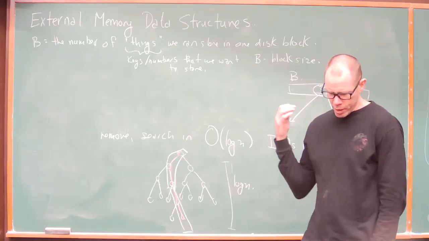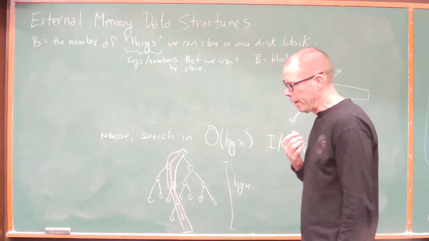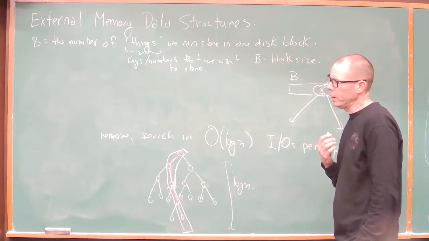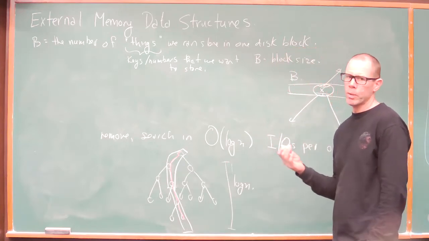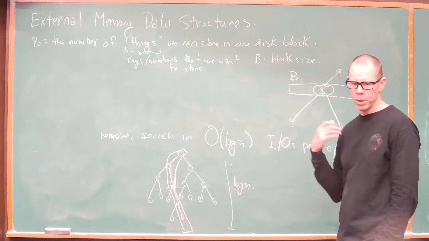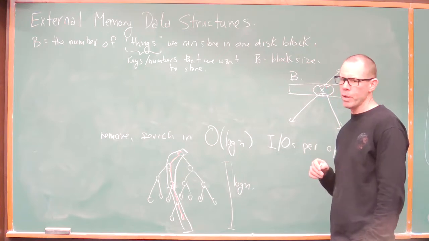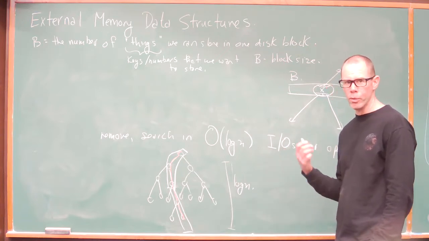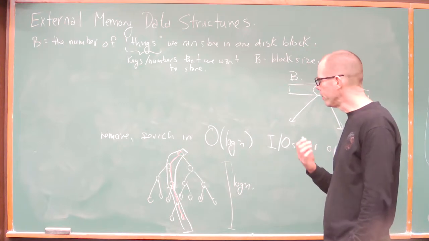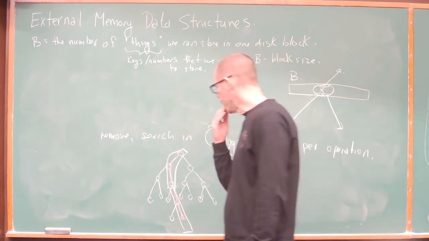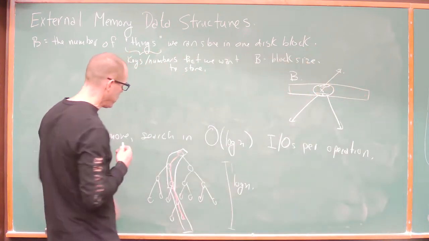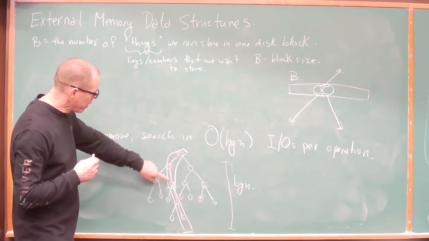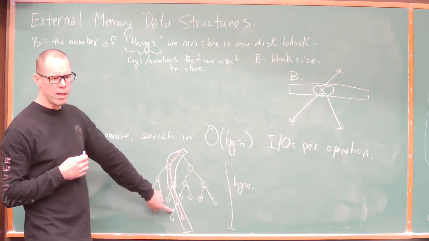The problem is, my search is going to start at the root, and that means the search is going to start by reading some block. And if I want the search to even begin, that block should contain the root. And sure, that could contain the root and some path of B elements.